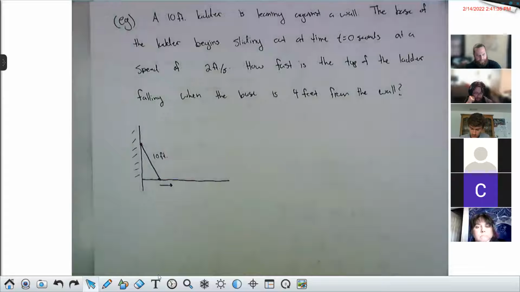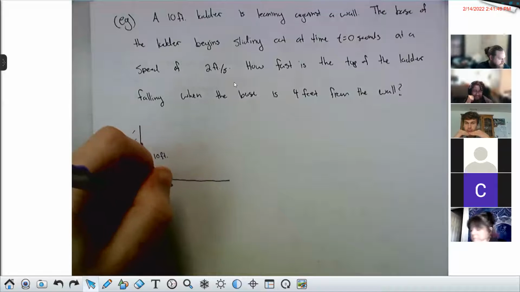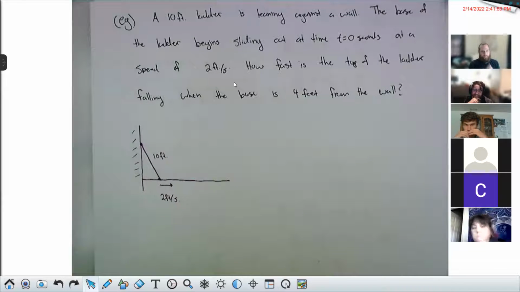Okay, sorry about that. So, wall, floor, 10-foot long ladder, bottom of the ladder starts sliding out. And we know that the speed the bottom of the ladder is sliding out is 2 feet per second. So I'll go ahead and write 2 feet per second. Next step is to assign some variables.